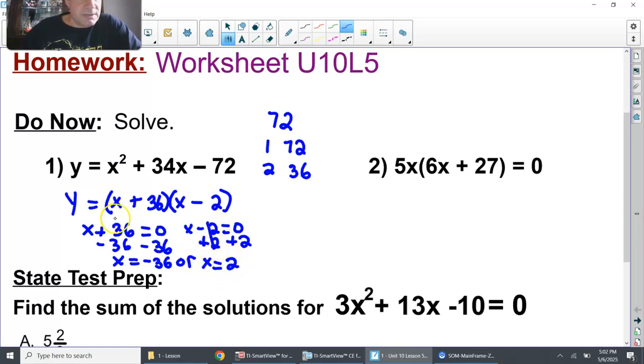So this cancels, and that's why x equals negative 36 or x equals 2 would be those two roots, where the quadratic parabola would cross the x-axis, intersecting at negative 36 and 2.